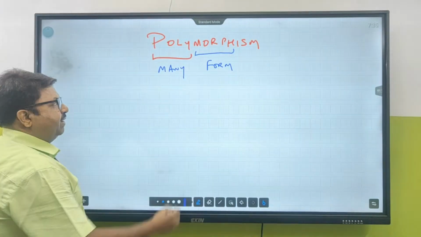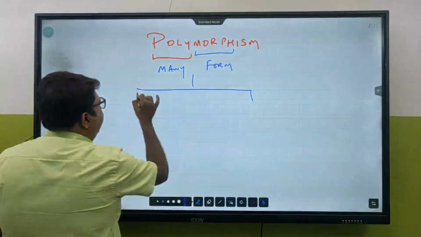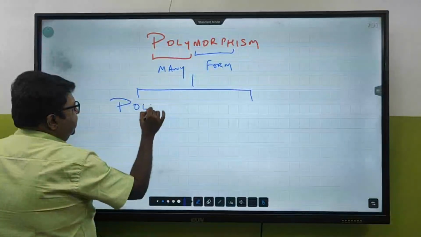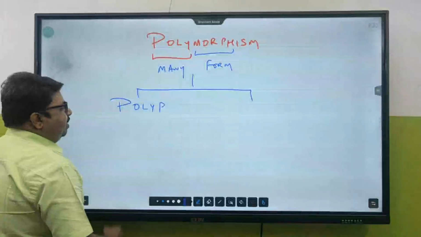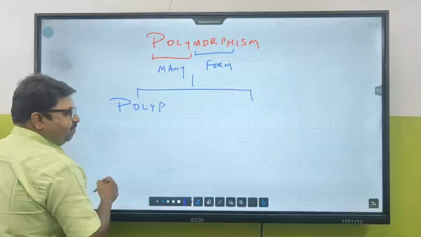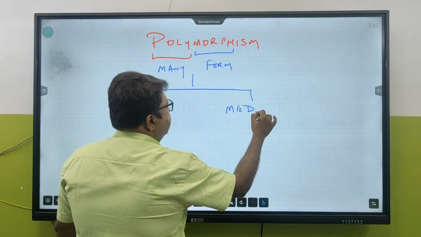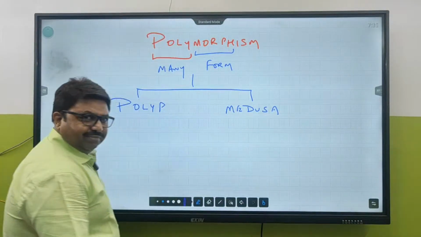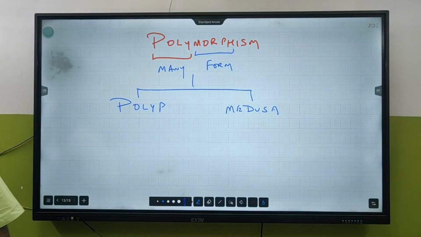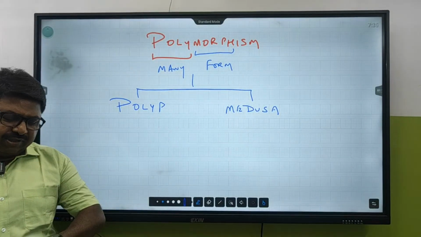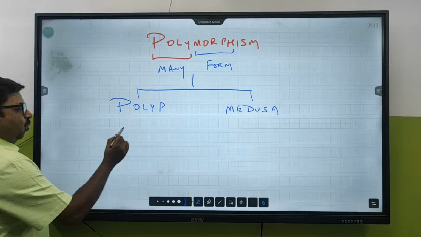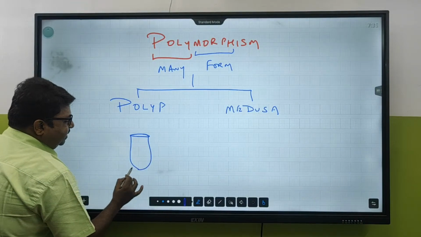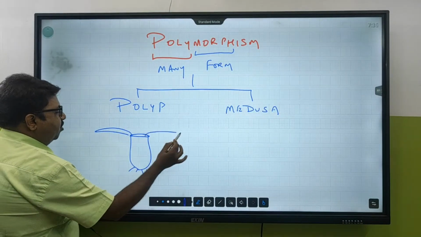What are the two forms that they are having? The main forms are polyp and another form is medusa. When we talk about polyp, think about hydra.